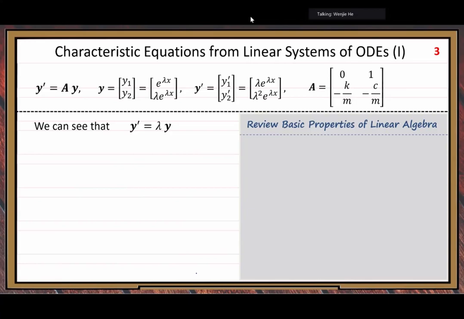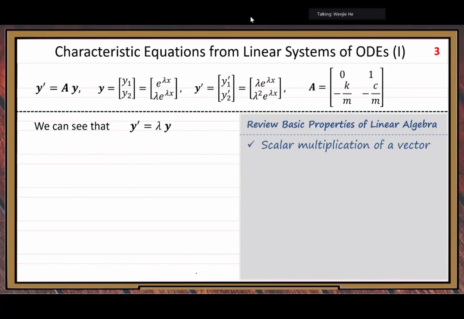For what kind of lambda can it satisfy both equations? So that's our question. We need to use basic properties of linear algebra to see the new equations for lambda.